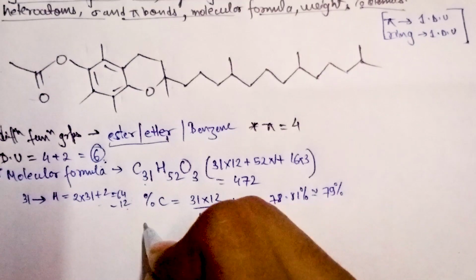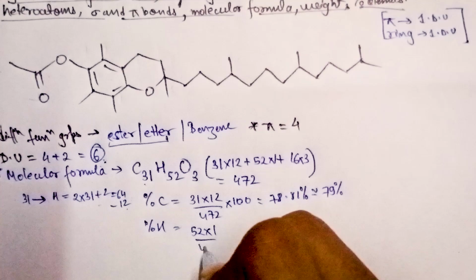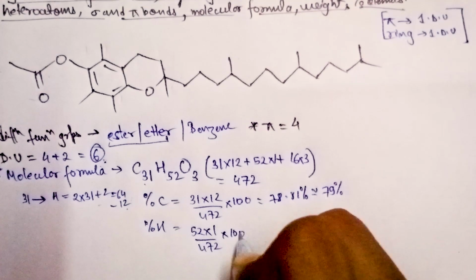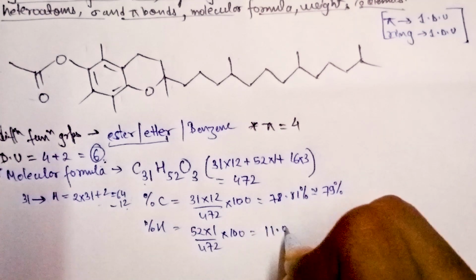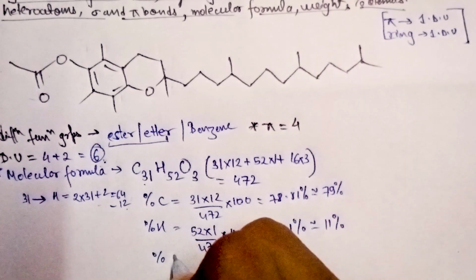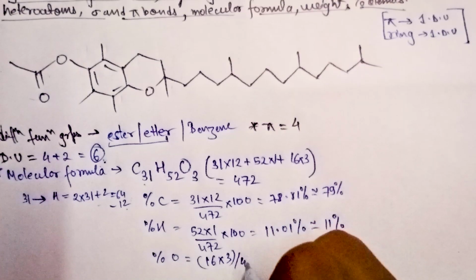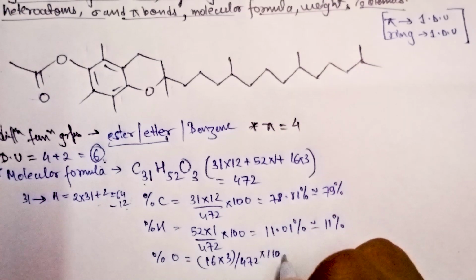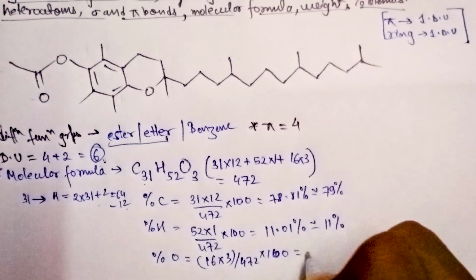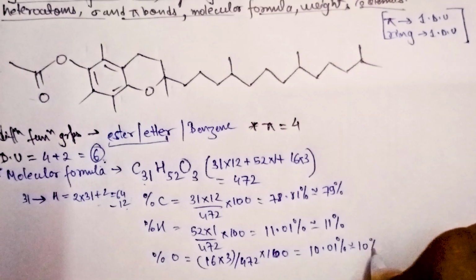Similarly, the percentage of hydrogen is 52 times 1 upon 472 times 100. That comes out to be 11.01%, approximated as 11%. And finally, oxygen is 16 times 3 upon 472 times 100, making it 10.01%, approximately 10%.